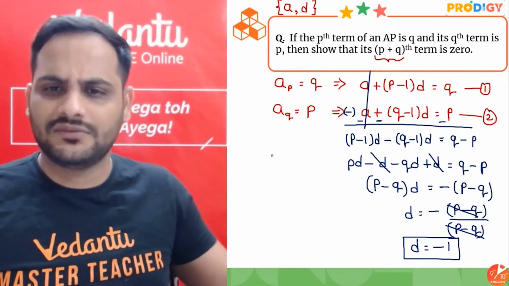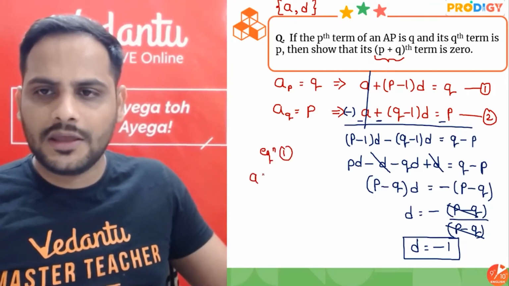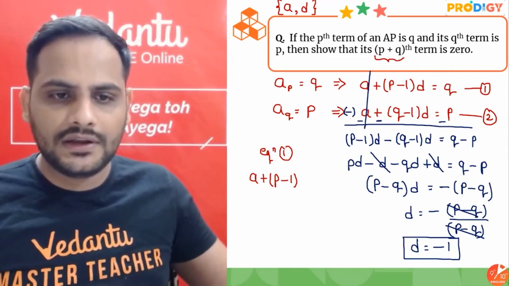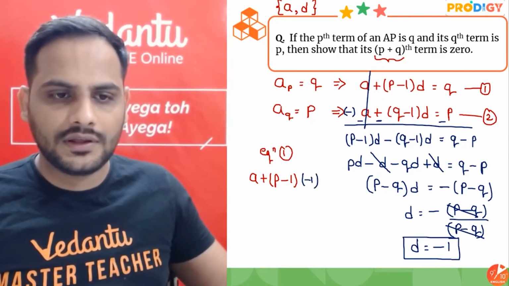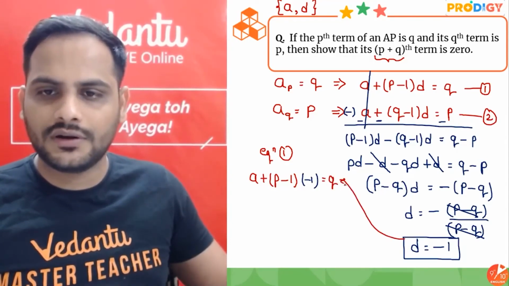Let's put it in equation 1. Okay. So in equation 1, A plus (P minus 1) into D. What is D, beta? D is minus 1, is equal to Q. This is my equation 1, substituting this value over here.